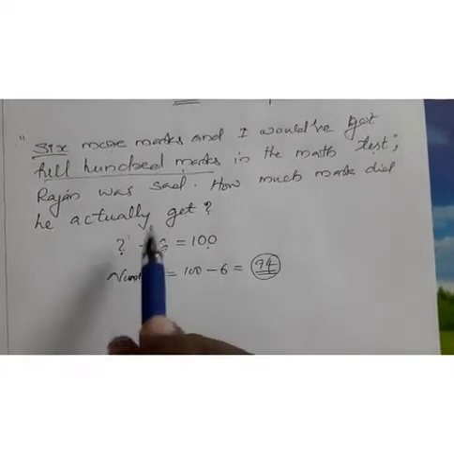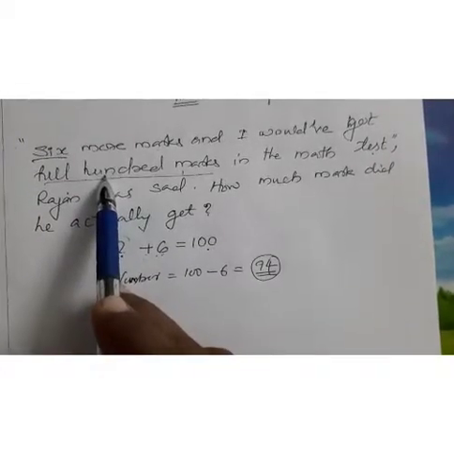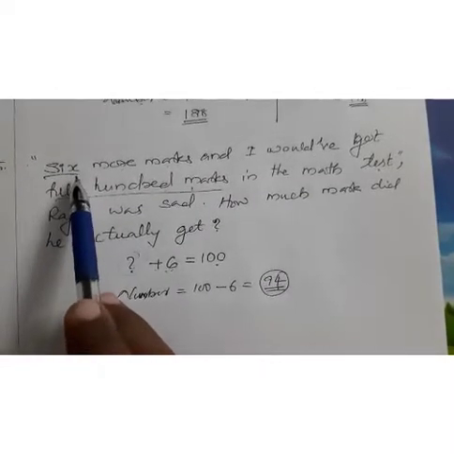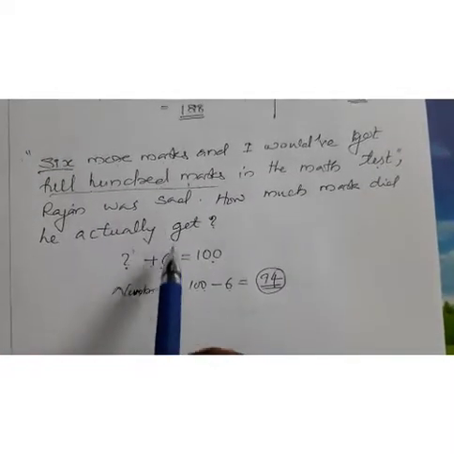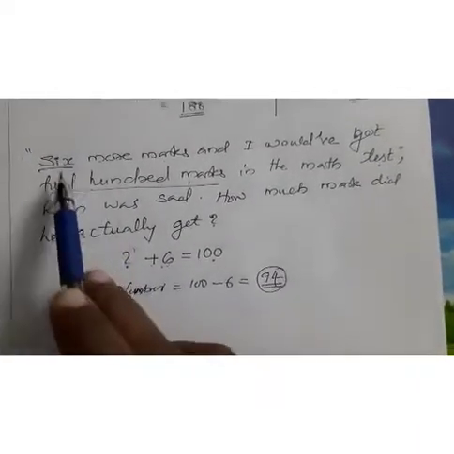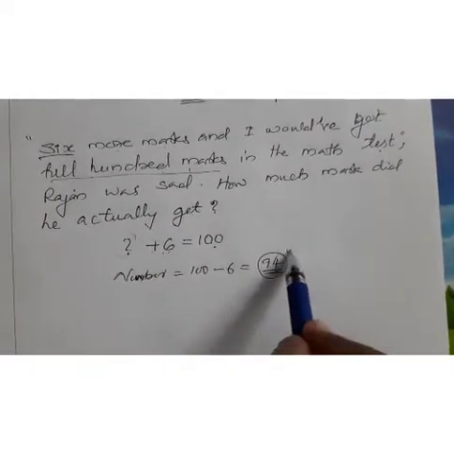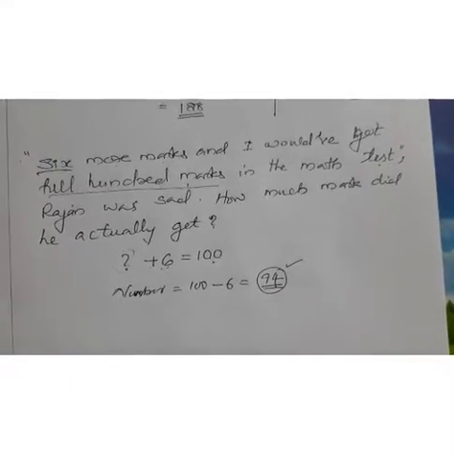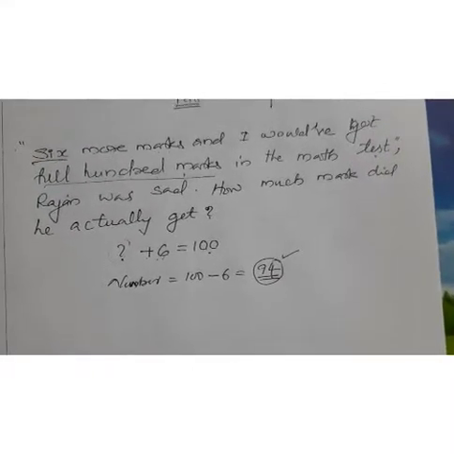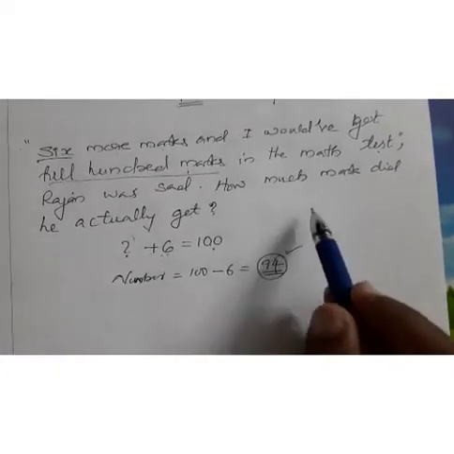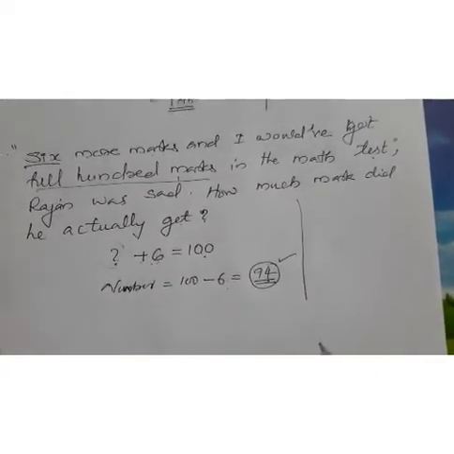He didn't get 100 marks, he got 6 marks less than 100. So the actual mark is 94. So instead of addition, we are doing the subtraction. So do it in the algebraic form yourself.